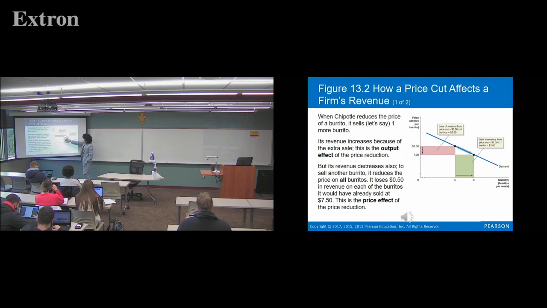But at the same time, their revenue is going to decrease from the lower price they're getting per burrito. So there's the output effect. The output effect, when you lower the price, you're going to sell more units. And then there's the revenue effect, that you have a lower revenue per unit when you cut the price.